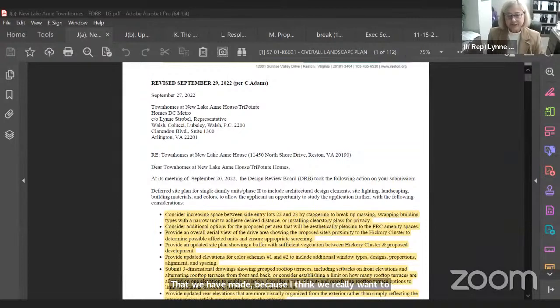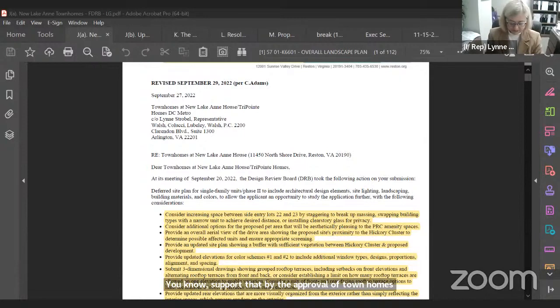So just generally as an overview, you'll probably recall that this is the townhouse component of Lake Ann House. So when Lake Ann House was approved, there was the new building for the age-restricted housing, but then they're able to support that by the approval of townhomes that will be market townhomes.